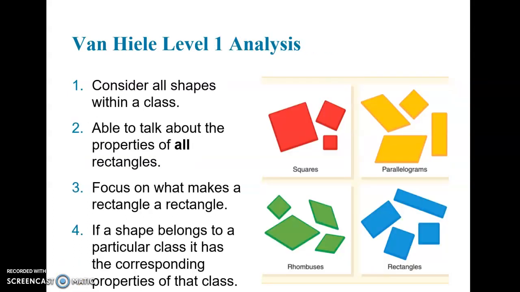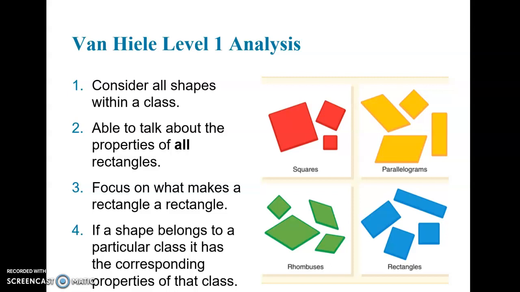Level 1 students move from identifying individual shapes to considering classes of shapes by focusing on the properties of the shapes. Level 1 considers all shapes within the class rather than just a single shape on their desk. Instead of talking about this particular rectangle, they can talk about properties of the rectangle.